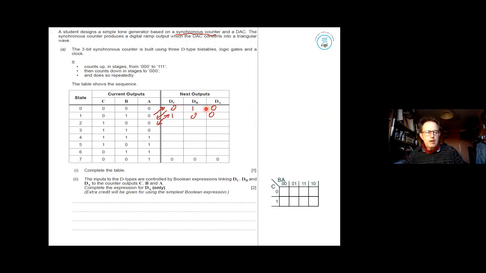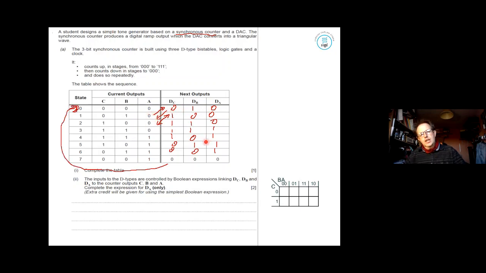Or if you want to think of it the other way, the next output feeds onto the second line. So the 0, 1, 0 will feed into 1, 0, 0. So that automatically goes to the next one. Will feed into 1, 0. So notice whatever you've got on the next output goes to the next line.